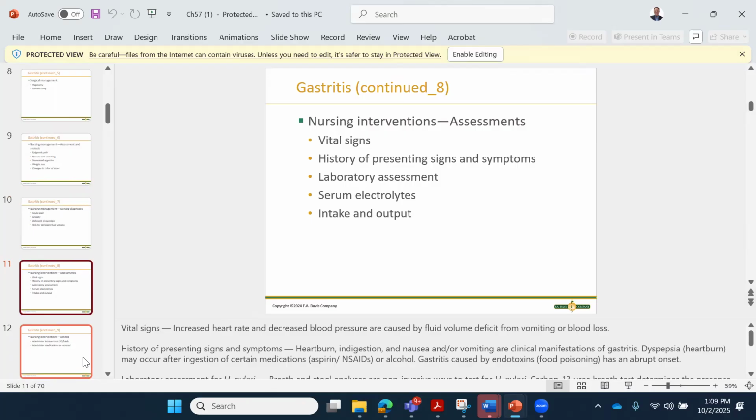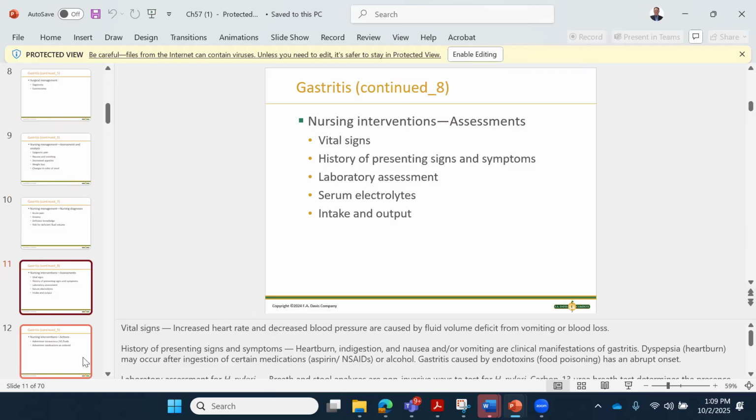The gastritis can also be caused by endotoxins from food poisoning that have an abrupt onset. So one of the things that I want you to think about is that if a person has gastritis and they have, let's say, diarrhea from the ingestion of spoiled food or food poisoning, this is the type of condition that it's better to let it run its course.